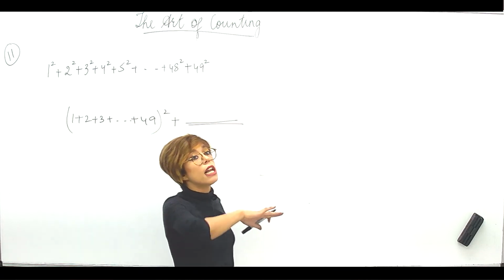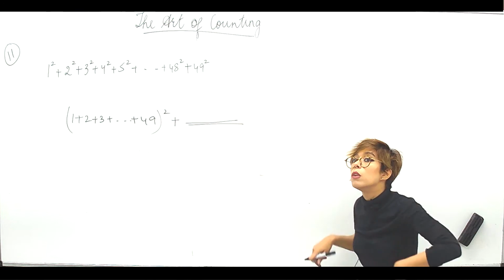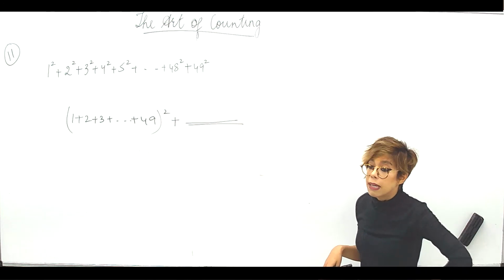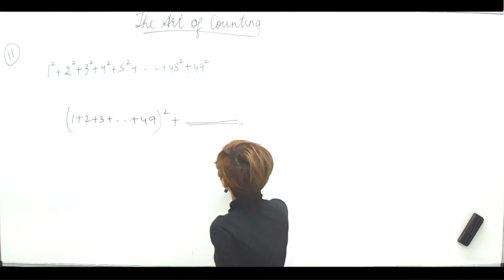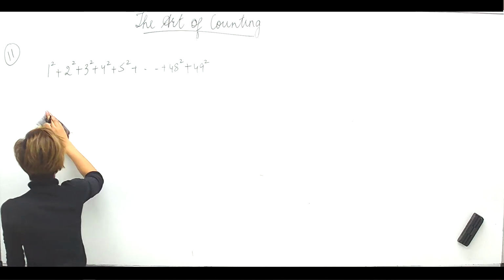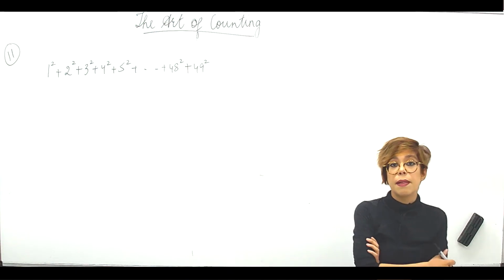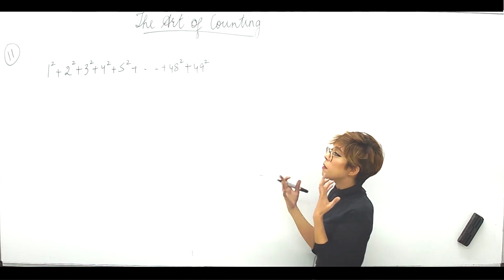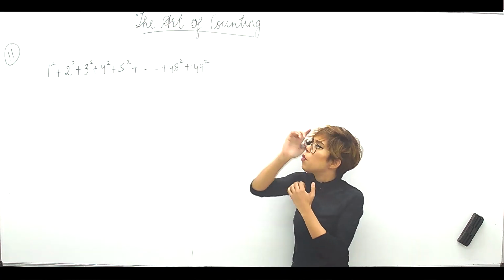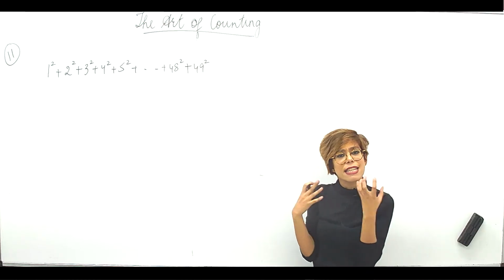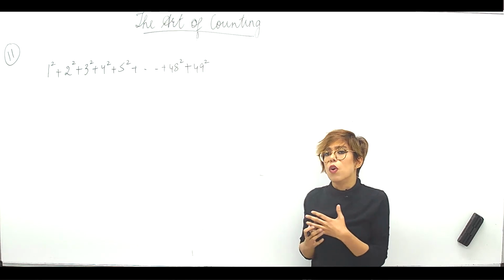Finding the sum of the additional quantity separately is also not that easy, it is problematic. What else can I think of? I need to count without actually counting, so I need a better method. I need to think of something such that 1 square, 2 square, 3 square, up to 49 square get involved. Consecutive squares of natural numbers get involved.